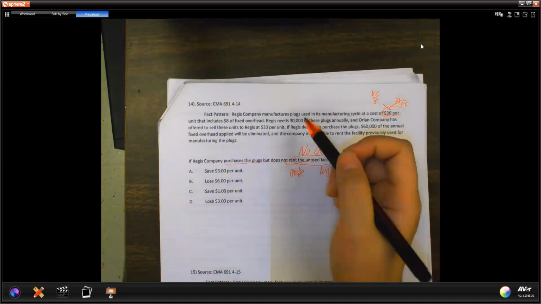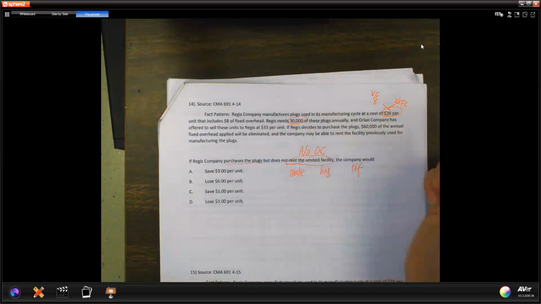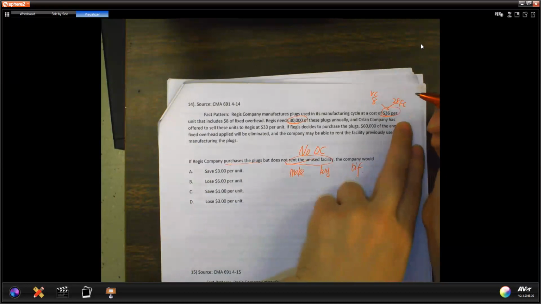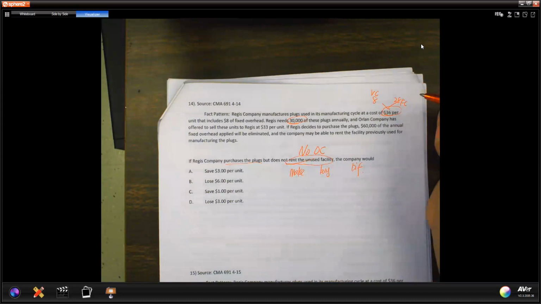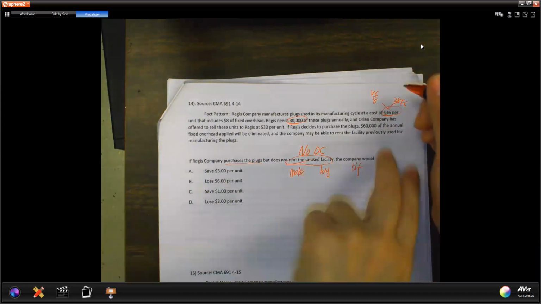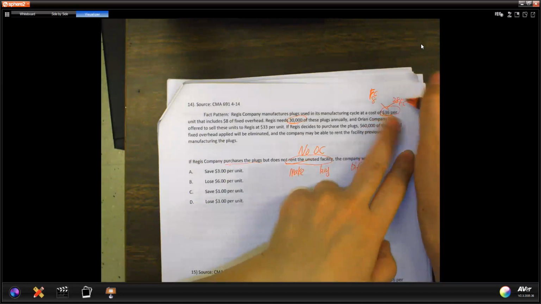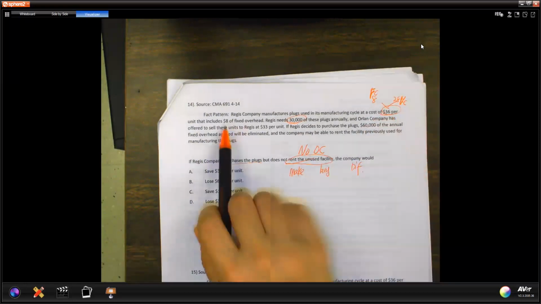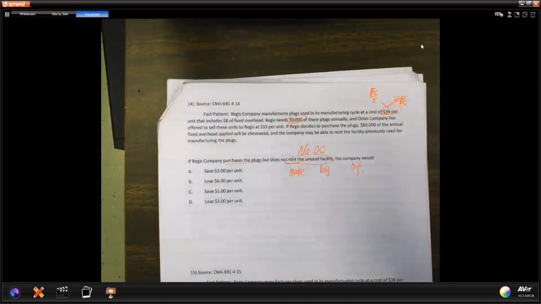And then 30,000 units, right? 30,000 units. So your total fixed cost will be, oh, what am I doing? $8 is the fixed cost, and then variable cost is $28 each.